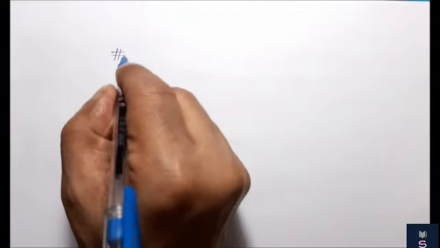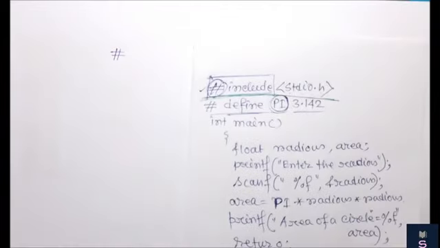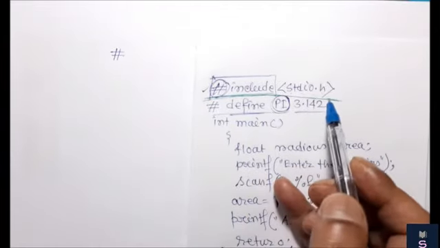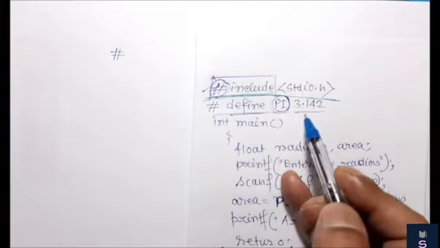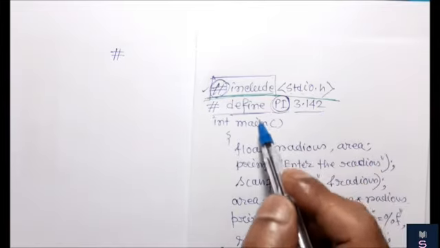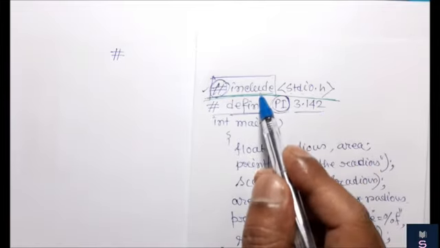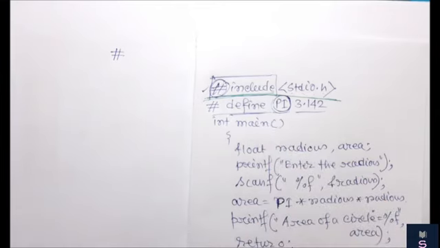Hash is the start symbol, and it is placed in the first column, and they are placed before the main function. Look at that. Whatever I have just written, hash define, hash include stdio.h, hash define pi 3.142, is placed just before the main function, right.